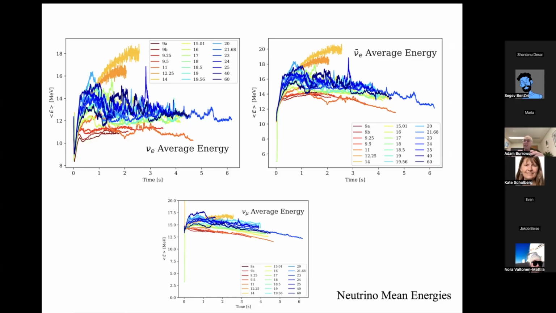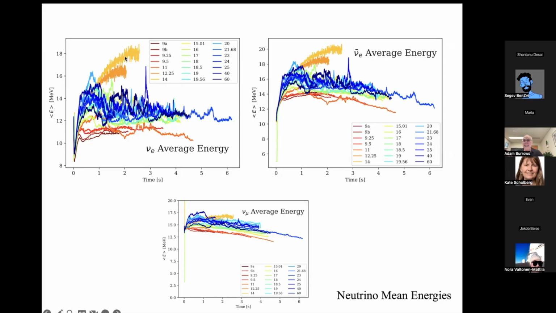It just fizzles and sits there and will continue to accrete at the rate with which it's accreting until it forms the black hole. And it could do so for a long period of time. The average energy of the neutrinos that are coming out is higher than at the corresponding time for a neutron star forming. And you can see this difference, which is quite dramatic.